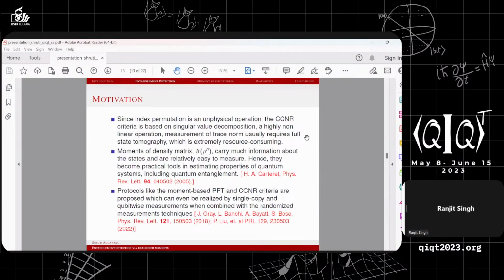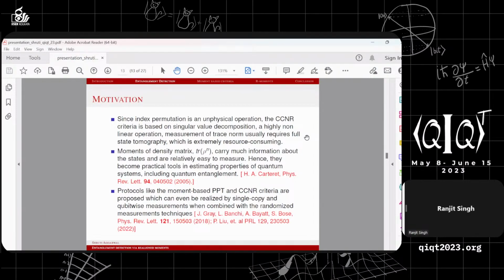Did you find some differences with other criteria for entanglement, like the Schmidt parameter? Are there any differences, or what new things can we do by using the criteria proposed by you? We have compared with the moment-based criteria.